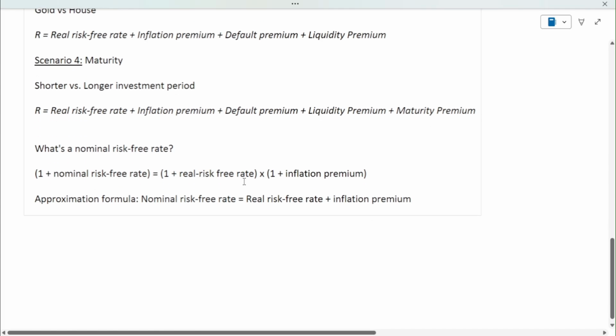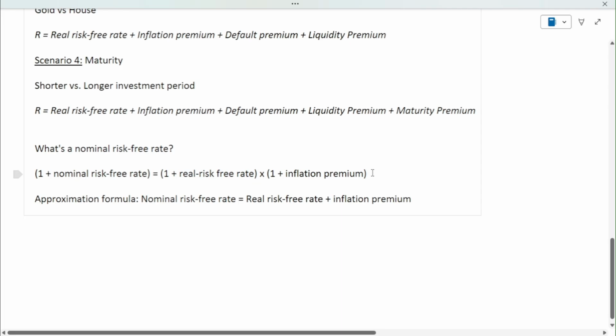All right. So you will come across the concept of nominal risk-free rate. So what is it? Well, nominal risk-free rate basically is the product of real risk-free rate and inflation premium. This formula here is very important, and you will come across it when doing the problems.